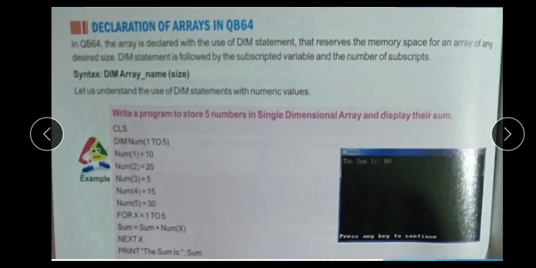Next one, the declaration of an array in QB64. How to declare an array in QB64? In QB64, the array is declared with the use of the DIM statement. The DIM statement reserves the memory space for an array of any desired size.